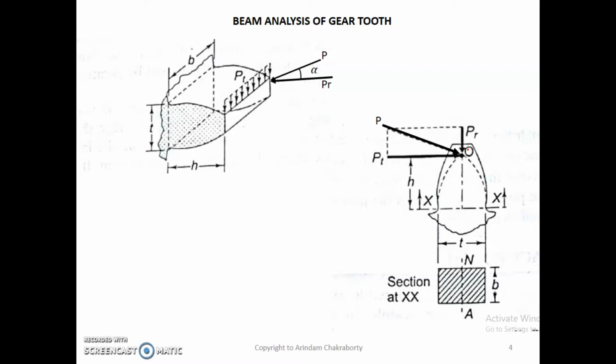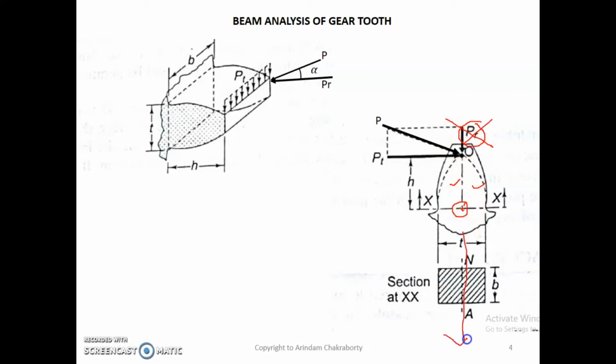This is the point from where we will start our calculation, since this portion is symmetric to this one. For bending of a body, this PR will not make any action, because it is directly getting transmitted outside this way.